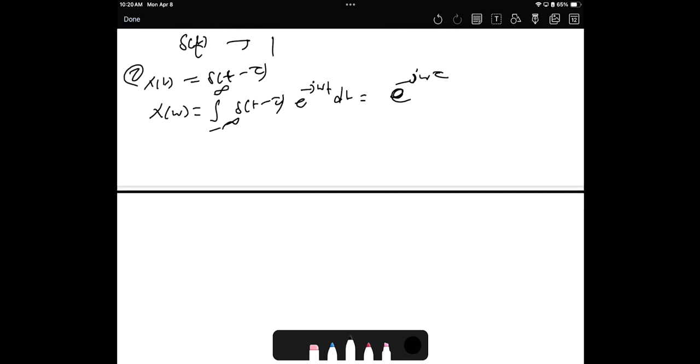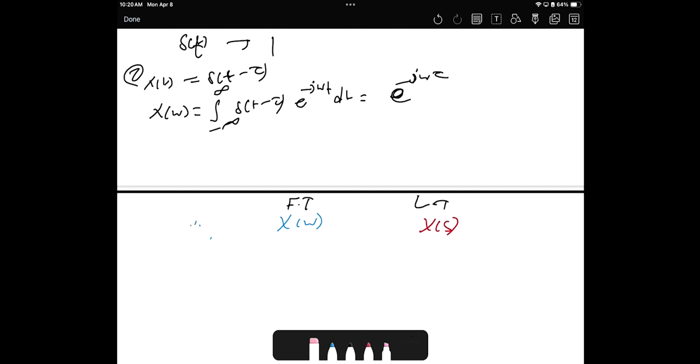So let's compare. Here is x of t, here is X of omega, which is the Fourier transform, and here is the Laplace transform, which is X of s.